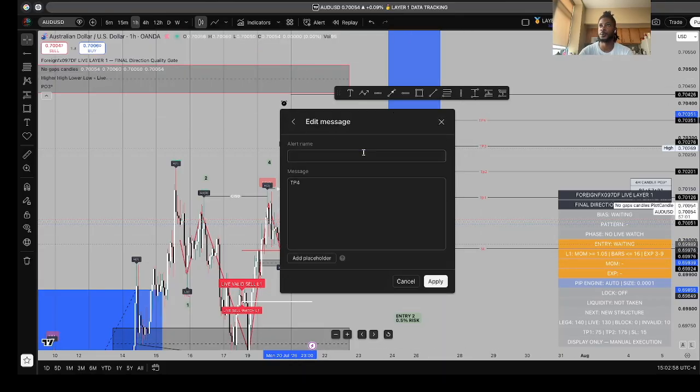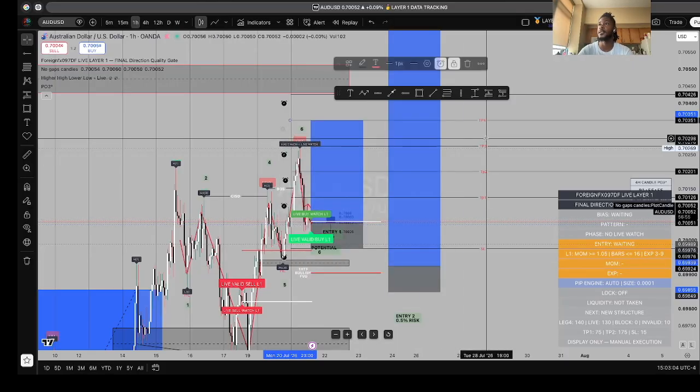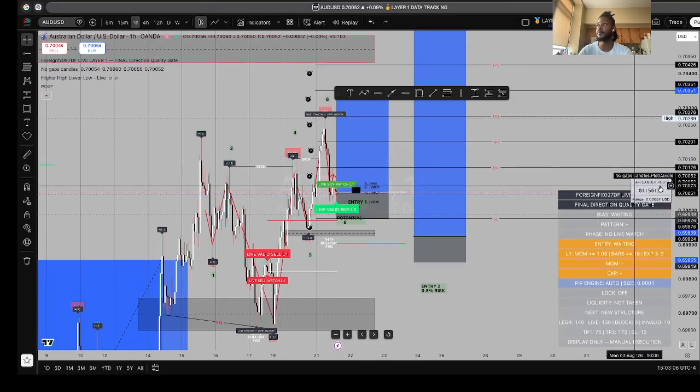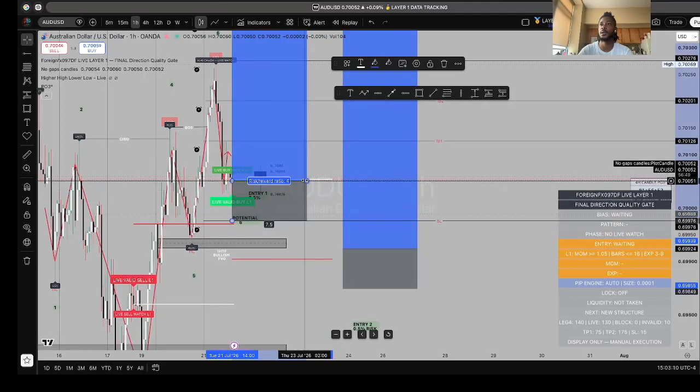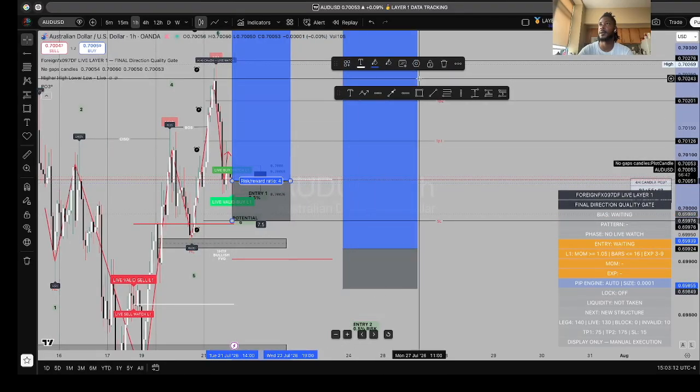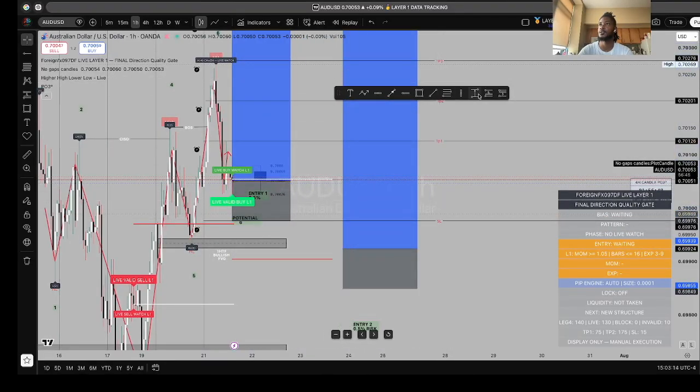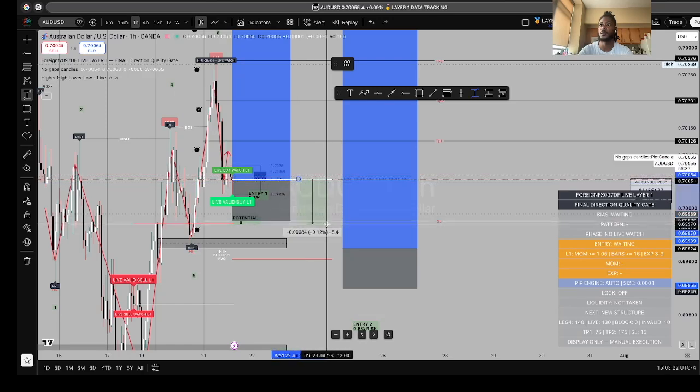I'm also gonna show you guys how I'm gonna get my second entry. If you've watched the previous video, you have an idea of how I get my second entry. It's the visual entry, which is the white line, and I am going to measure 8.5 pip from that area. So 8.5 is right there.